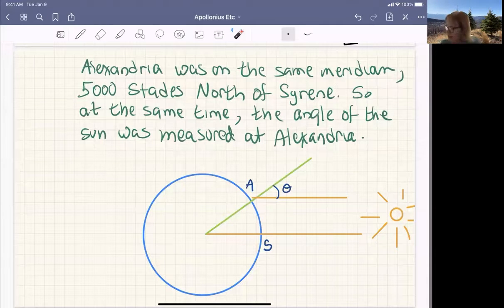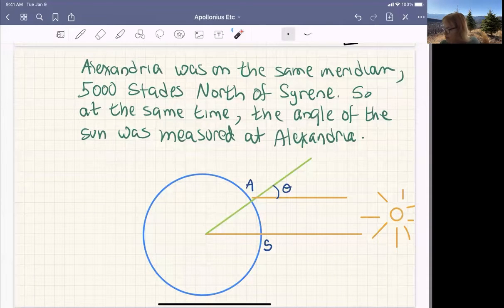So what he did was he measured the angle. This is what straight up looks like to Eratosthenes. Basically it's perpendicular to the surface of the earth. That is what straight up looks like.